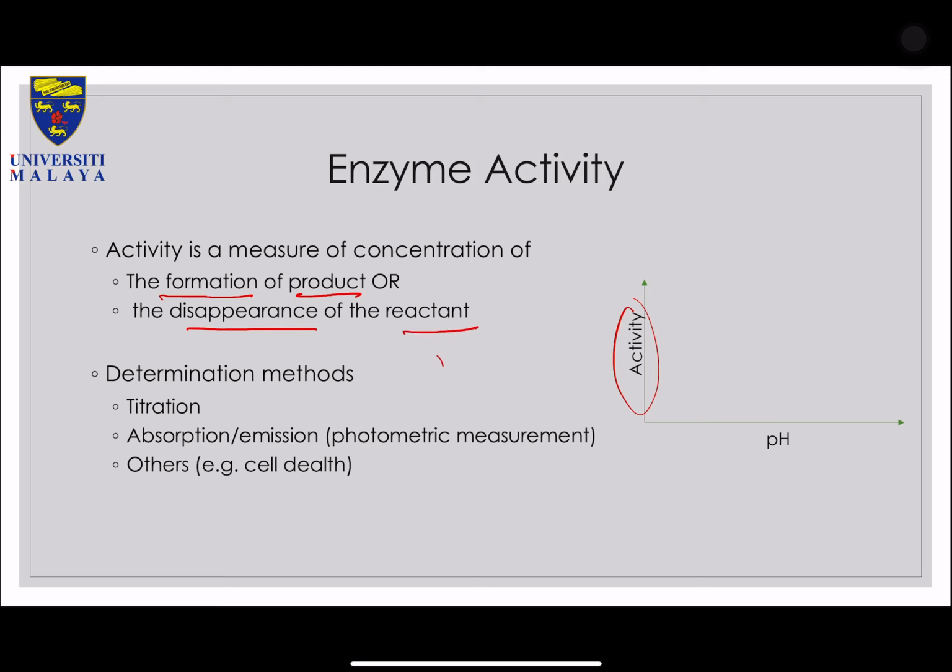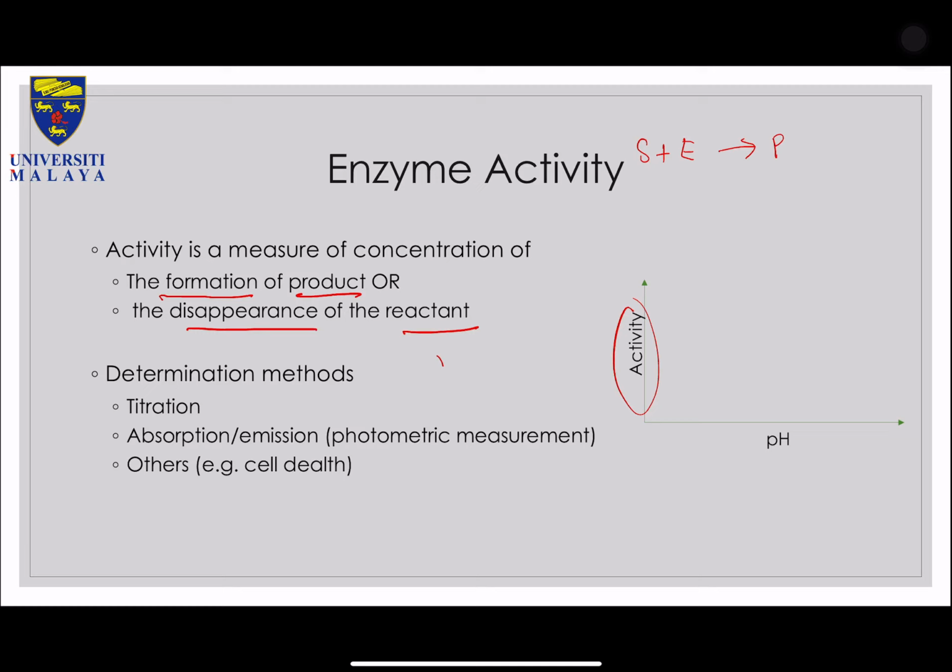Why can't we measure the enzyme activity directly? Because if you recall the Michaelis-Menten equation, I'm just going to do the short form. You have the substrate plus enzyme, and then we form product. This is the simplest form; I'm not going to do the complex Michaelis-Menten equation.